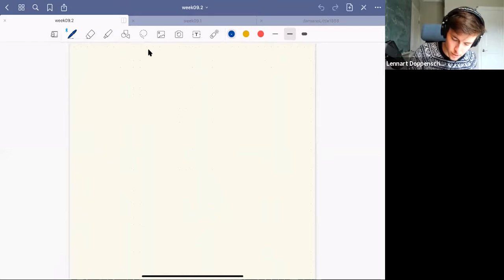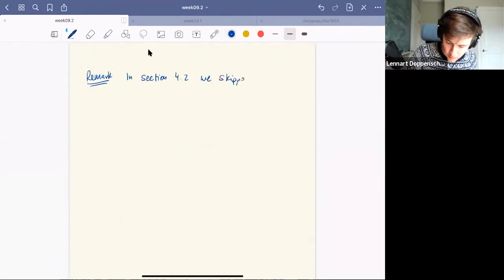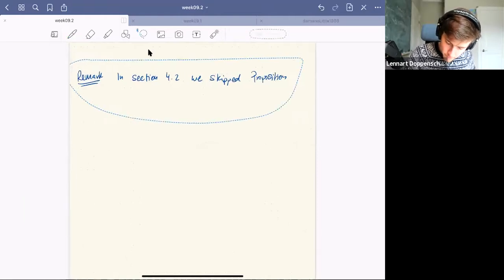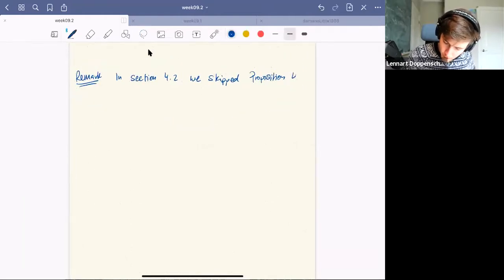Okay, so just a remark in section 4.2. We skipped proposition 4.2.4.